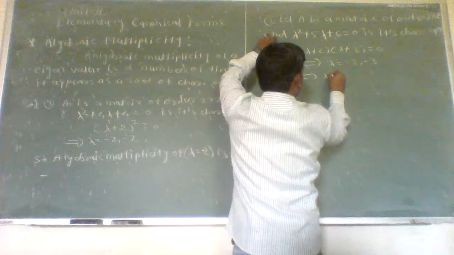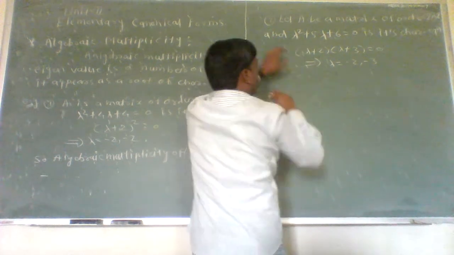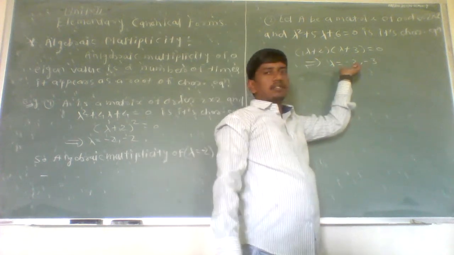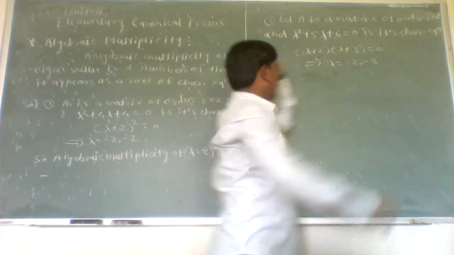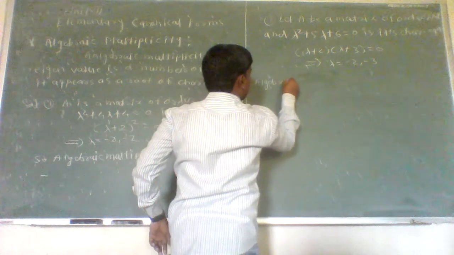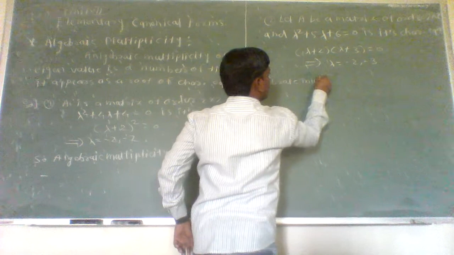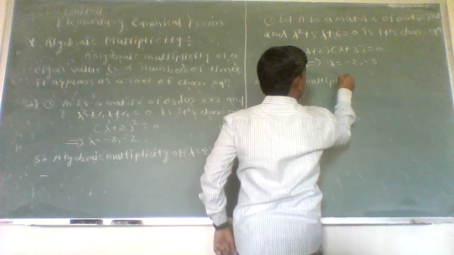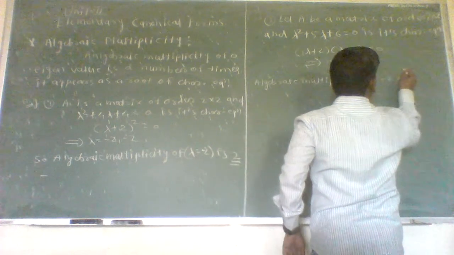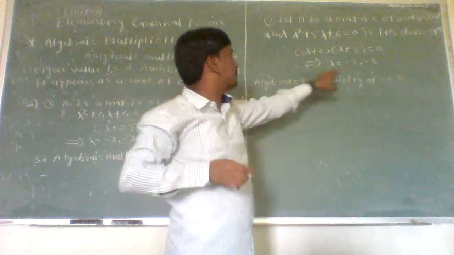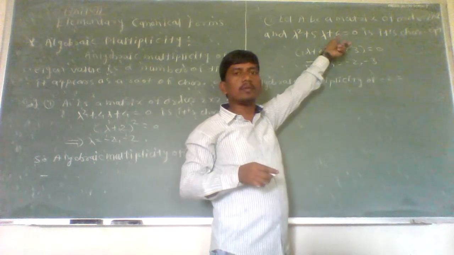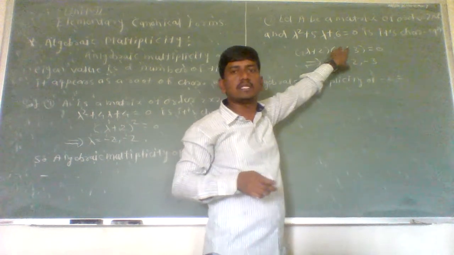So the roots are lambda equal to minus 2 and minus 3. Now we have to find out the algebraic multiplicity of each eigenvalue, minus 2 and minus 3. The algebraic multiplicity of minus 2 is, now we have to see how many times this minus 2 is the root of the given characteristic equation, and it is only one time the root, so its algebraic multiplicity is 1.